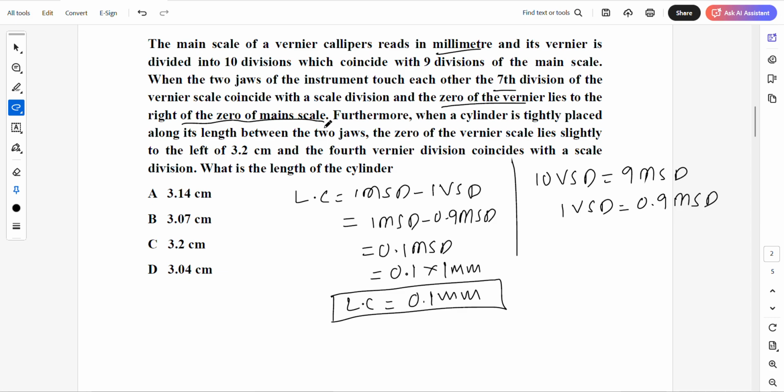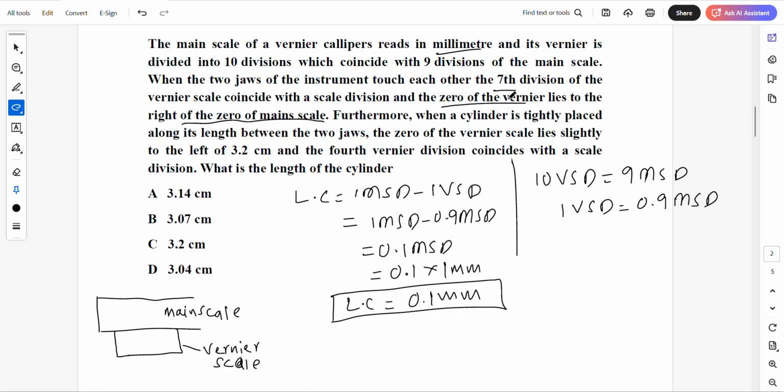Now, here, if I take up, if this is the main scale, and this is the Vernier scale.